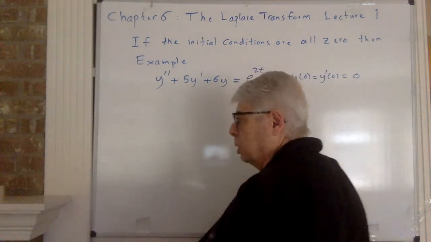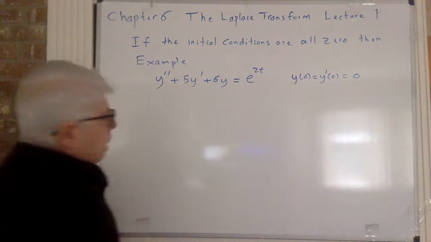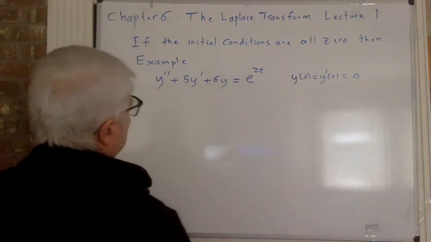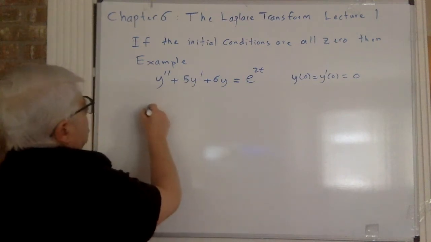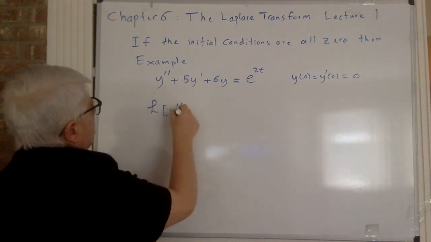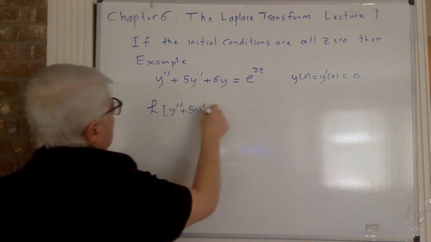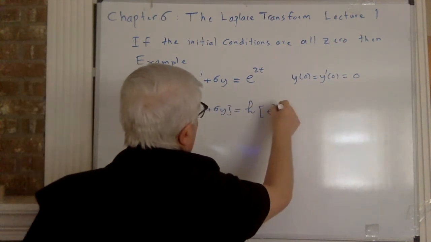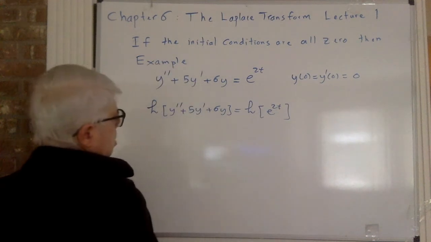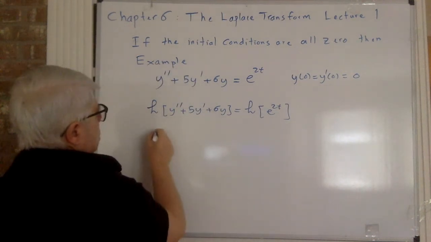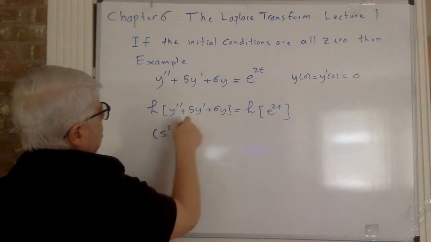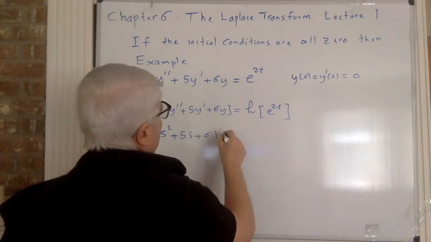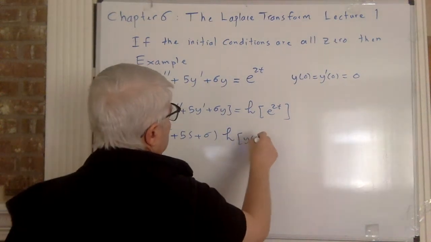When initial conditions are 0, you don't worry about those extra things. So let's apply Laplace. This is (s squared plus 5s plus 6) times Laplace of y(t).